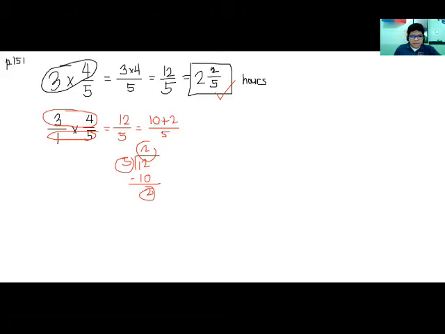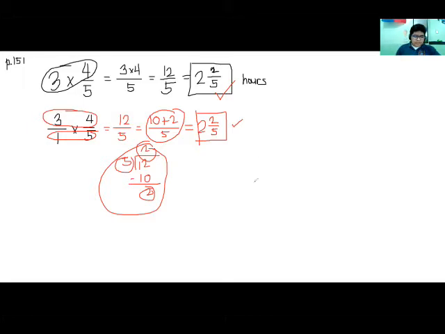Yung 10 over 5 magiging 2. At yung 2/5 will remain as 2/5 kasi hindi naman sila pwedeng i-divide. Whether you divide or maghiwalay ka, ang importante ay mahanap mo yung mixed number. Final answer.